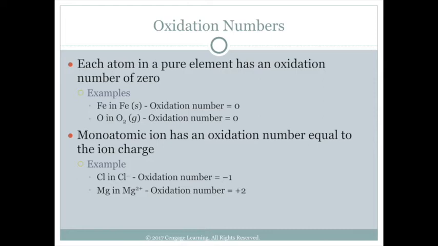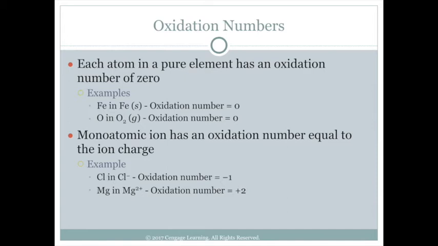Okay, and then if you have an ionic compound, then you can just use the charge of that ion for its oxidation number, as long as it's a monatomic ion, which means as long as it's just an element and not a polyatomic ion. So if I have a polyatomic ion, let's just say sulfate, SO4 -2, I cannot use -2 for the oxidation number of sulfate.